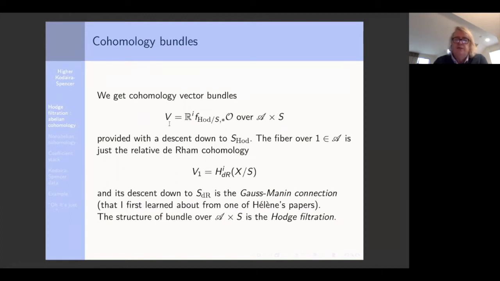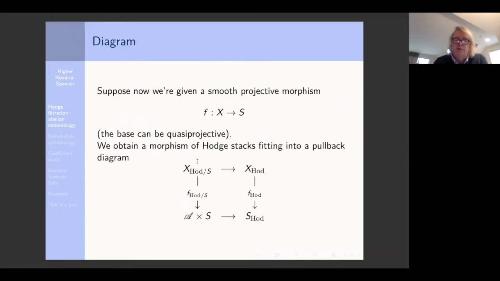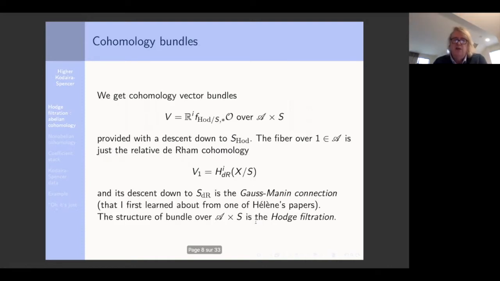And furthermore, this sheaf on A cross S, if you just look at its definition, comes from pulling back the structure sheaf. We take the direct image of the structure sheaf. That's obviously just the same as taking the direct image of the structure sheaf from here down to here. Since this was just a pullback, the direct image over here is just the pullback of the direct image here, which is to say that our sheaf on A cross S has a descent down to S Hodge, or in other words, it has an action of the S Hodge formal group.